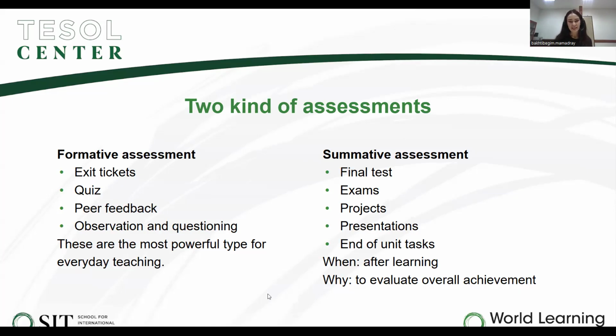And summative assessment includes final tests, exams, projects, presentations, end of unit tasks. Formative assessments are the most powerful for everyday teaching, but summative assessments are used after learning to evaluate overall achievement.